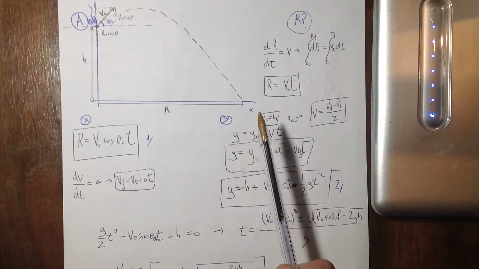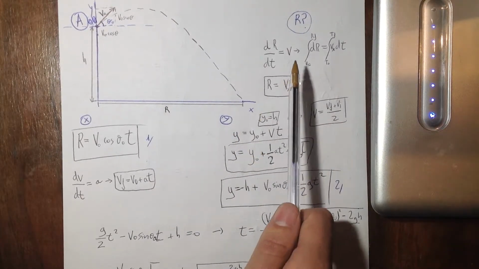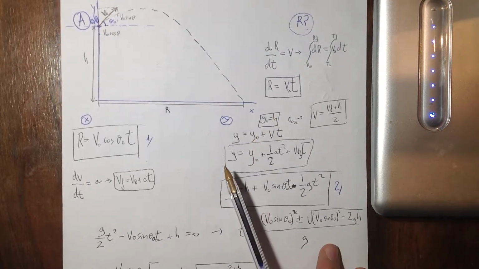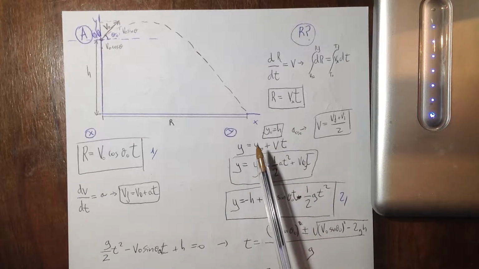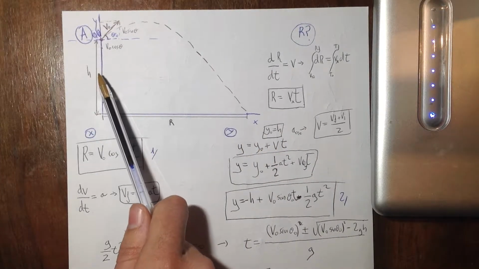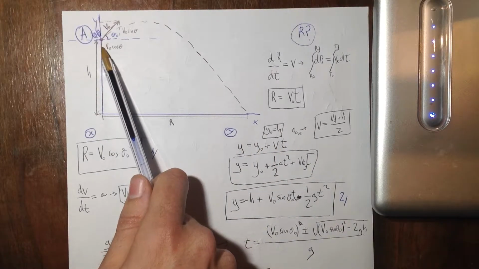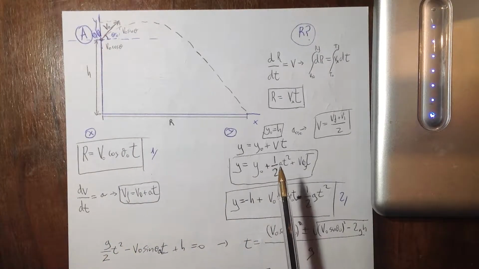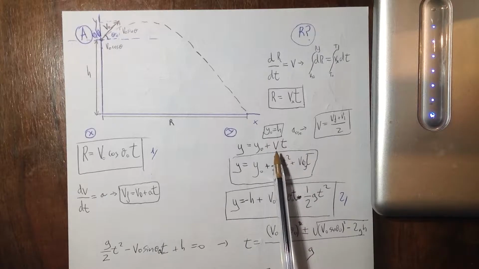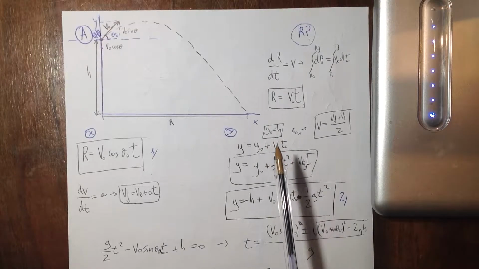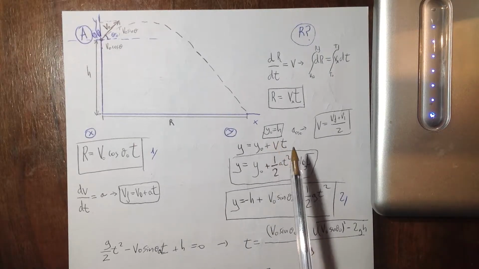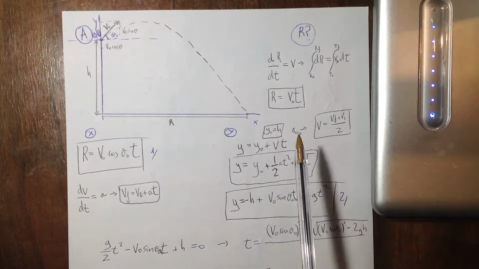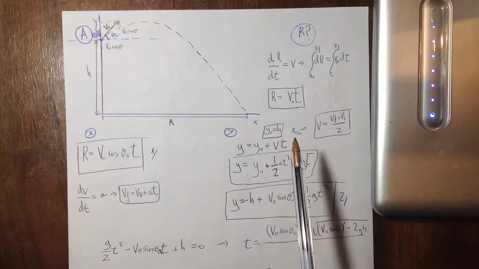So right here we do the same: we integrate on both sides and we obtain this equation. But right here we have an initial distance that is h, concretely minus h as it goes down. Now we have this velocity, but as we know, the acceleration is constant, and because of it, velocity changes in a constant way.